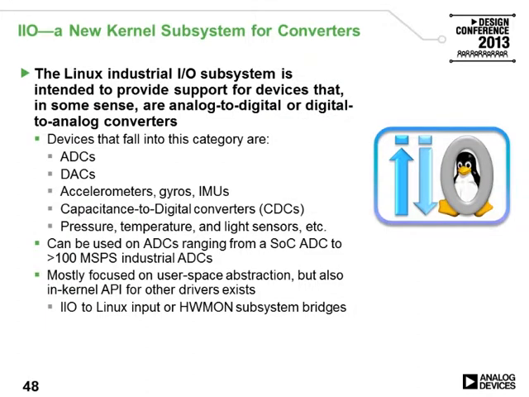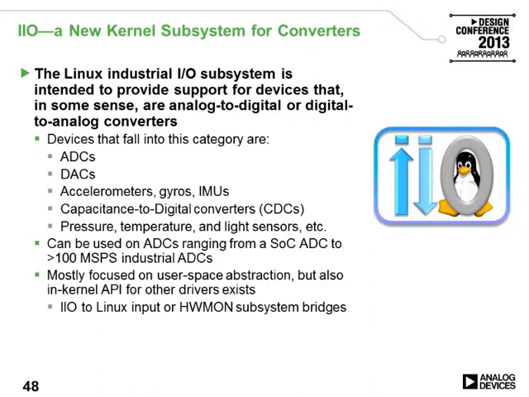The Linux Industrial I/O subsystem is intended to provide support for devices that in some sense are analog to digital or digital to analog converters. Devices that fall into that category are ADCs, DACs, accelerometers, gyros, IMUs, capacitance to digital converters, pressure, temperature or light sensors.